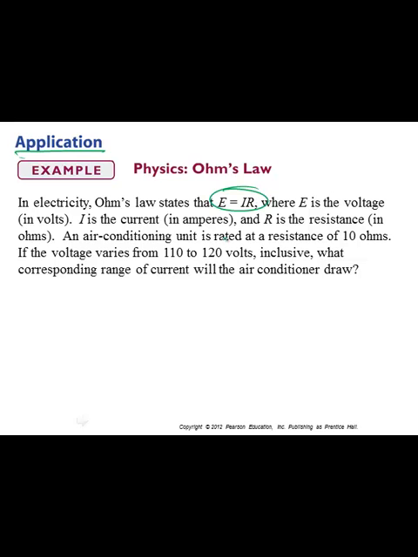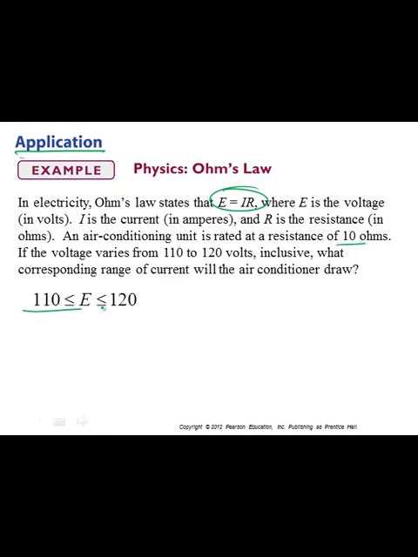Now, suppose that we have our voltage between 110 and 120 volts. We have a resistance that's equal to 10 ohms. So what is the range of values for the current, I?